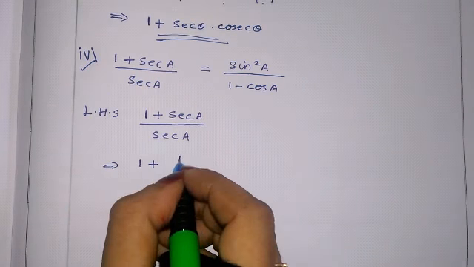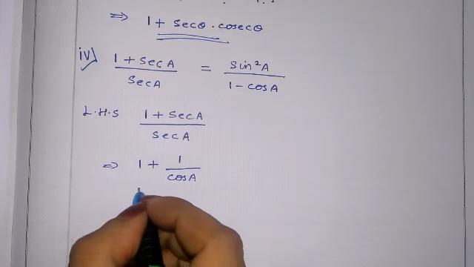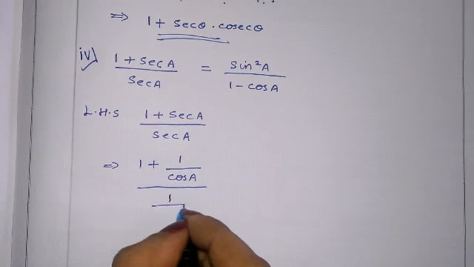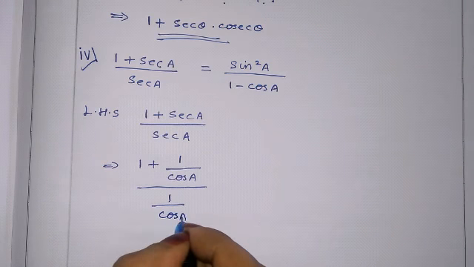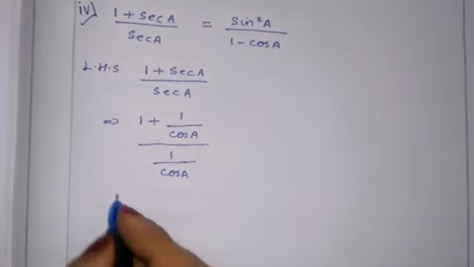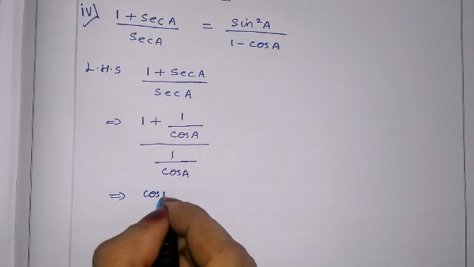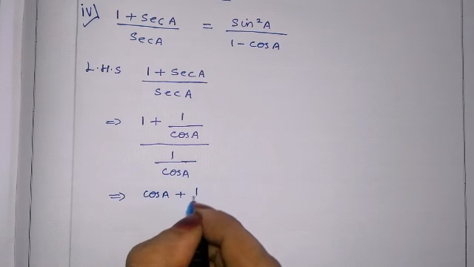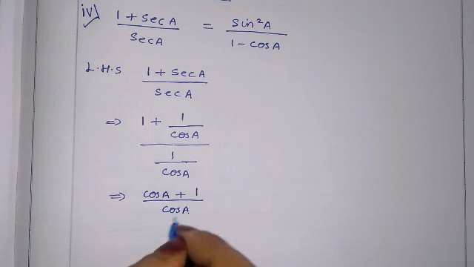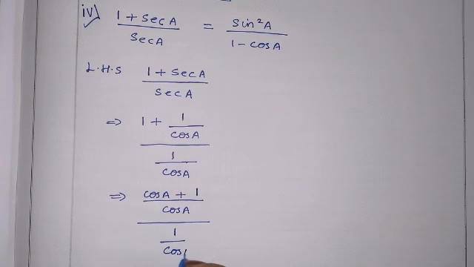Sec is nothing but 1 by cos, upon sec is again nothing but 1 upon cos. Okay. Now we will cross multiply. Next step: cos a into 1 upon cos a plus 1, upon 1 upon cos a as it is.